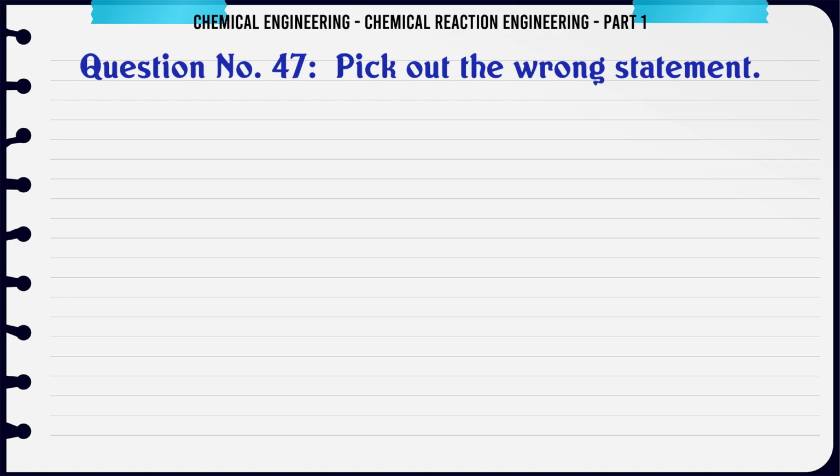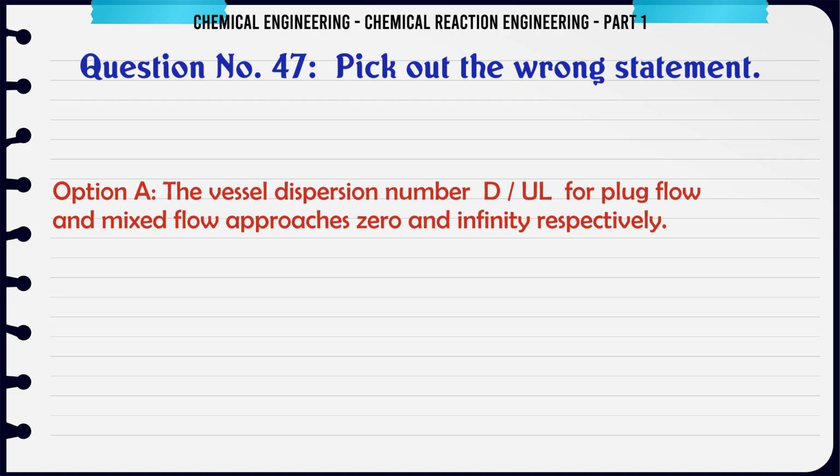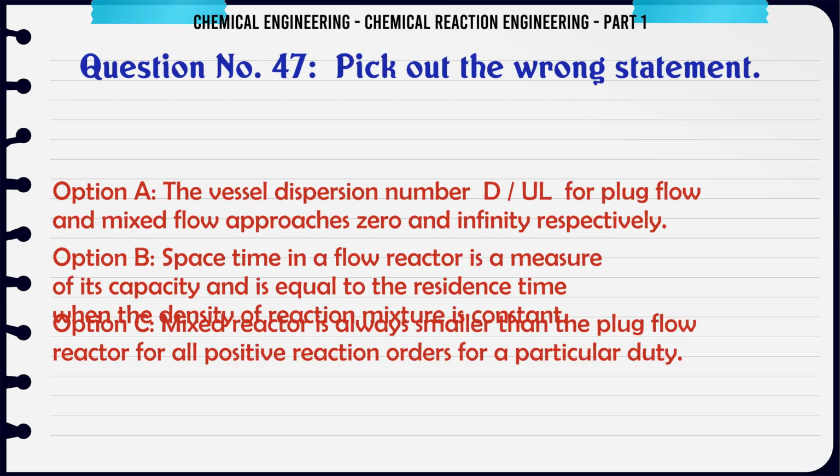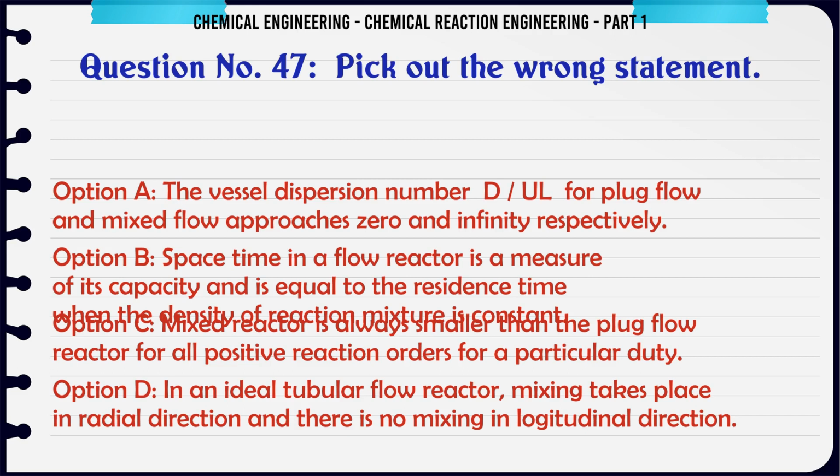Pick out the wrong statement. A. The vessel dispersion number D/uL for plug flow and mixed flow approaches 0 and infinity respectively. B. Space-time in a flow reactor is a measure of its capacity and is equal to the residence time when the density of reaction mixture is constant.